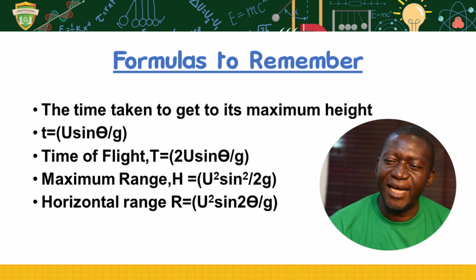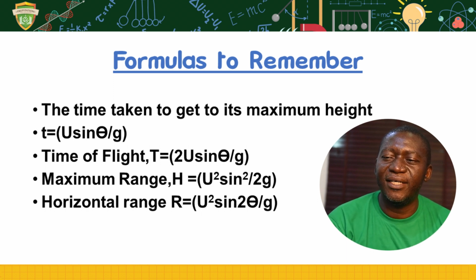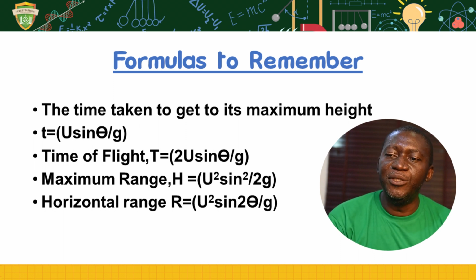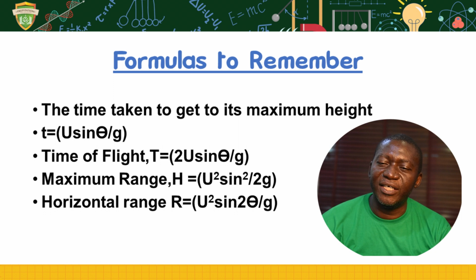Now, let us look at the maximum height to which the stone can be projected, which is usually given as h. So h is usually given as u squared sin squared theta over 2g, while your horizontal range, which is the maximum displacement from its original point of projection, is given as R, which is usually u squared sin 2 theta over g.